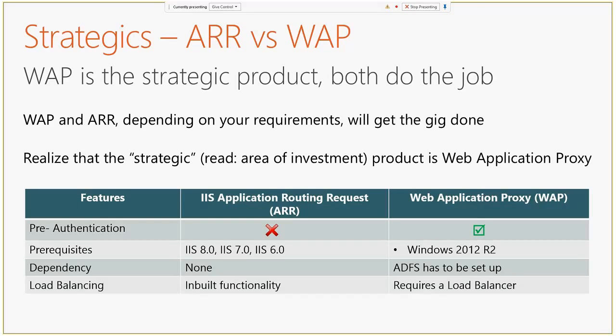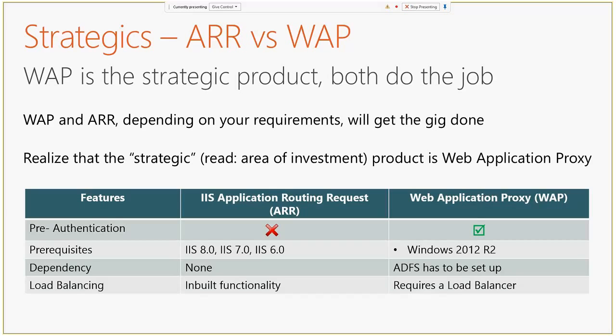And we have a couple of options from our perspective as well. What we have is Application Request Routing, or ARR, or the Web Application Proxy. Depending on the requirements you have in your environment, both of them get the job done. The big difference between the Web Application Proxy and ARR in terms of functionality is that the Web Application Proxy can do pre-authentication for some protocols at the moment, not for all protocols, but for some, which the Application Request Routing component cannot do.